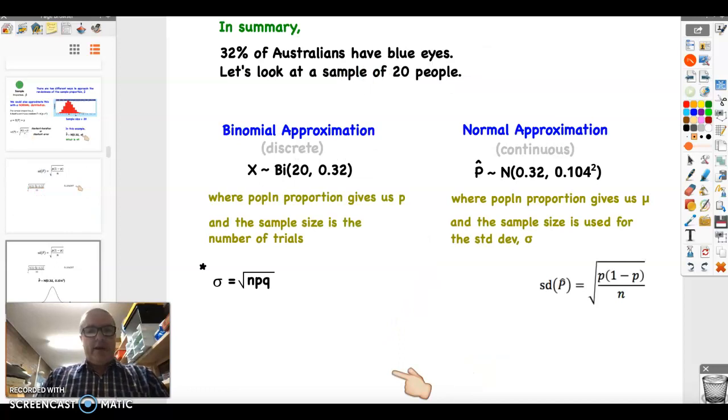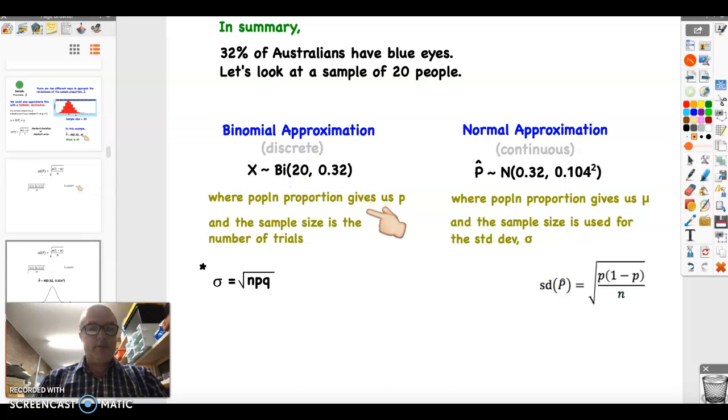So just in summary, I've used this particular example of people with blue eyes. We've looked at a particular sample size of 20, and we've seen how we can use two different distributions to model the randomness of samples taken from this population. First of all, we saw that we could use the binomial approximation, and that's to represent this approximation with a discrete variable x using the binomial distribution.